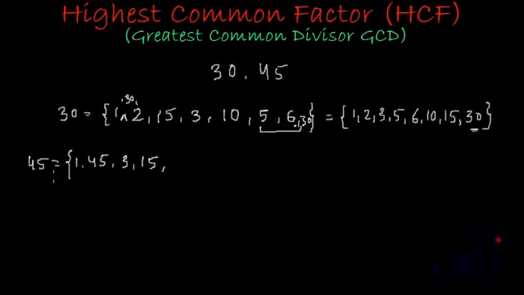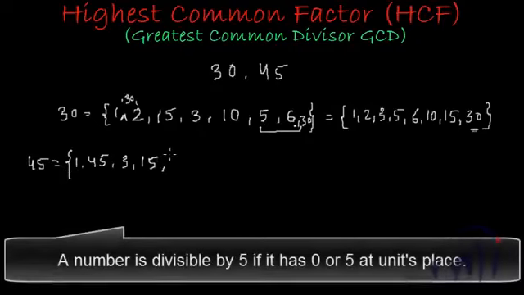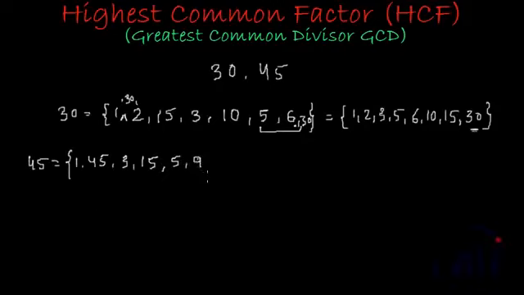And it is an odd number, so it will not be divisible by 4 either. Let's check its divisibility by 5. If I divide it by 5, I'll get 5 nines are 45, right? So 5 is a factor of 45, and 9 will also be a factor of 45. After 5 comes 6. 6 is an even number, and 45 is an odd number, so 45 will not be divisible by 6. Now let's check its divisibility by 7. 7 sixes are 42, and 7 sevens are 49.